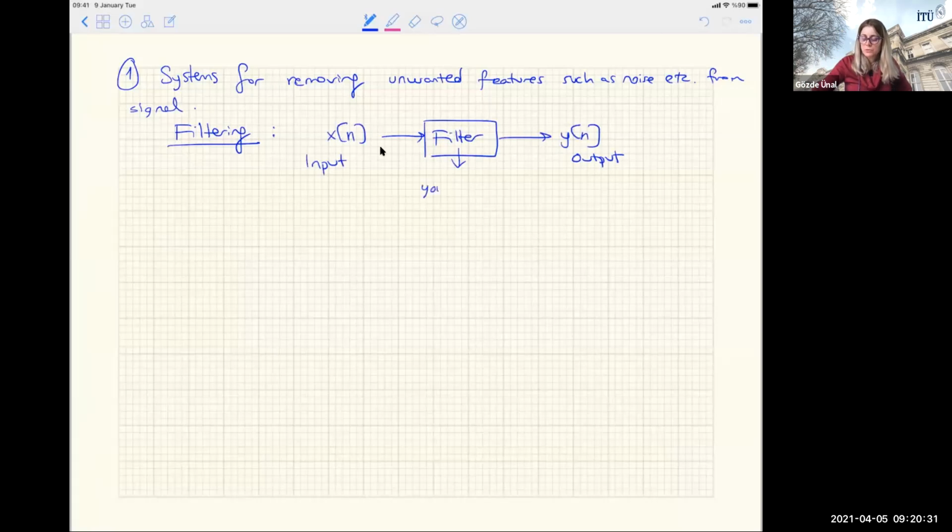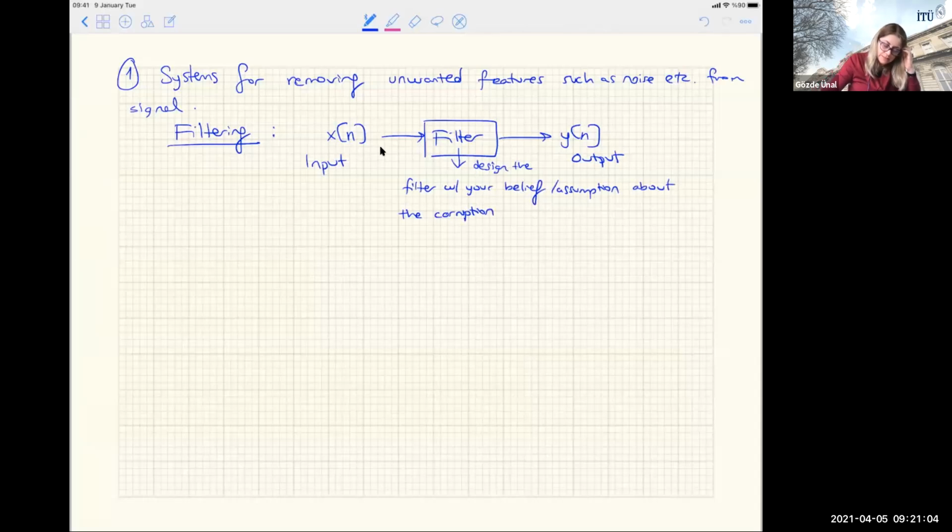Of course, you may not, but you have to design this filter with your belief or assumption about the corruption. For instance, we will see some example filters. The most common filter is a smoothing filter, an averaging filter.